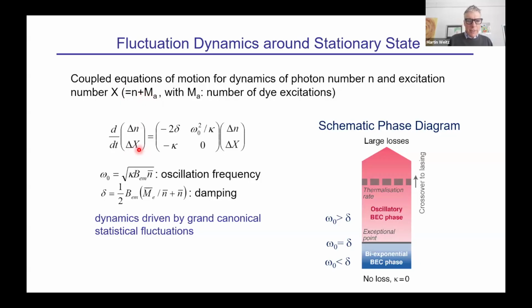But because we have losses, x can also change, and this here shows you the corresponding deviation. Here you see the loss timescale, so that's a non-Hermitian matrix, and delta is a damping, and omega 0 is an oscillation frequency, which becomes non-vanishing if we have a loss term.